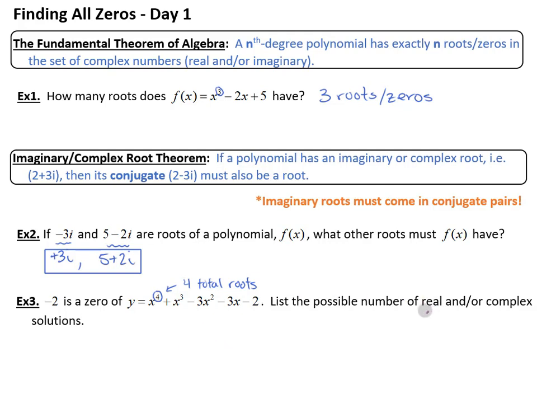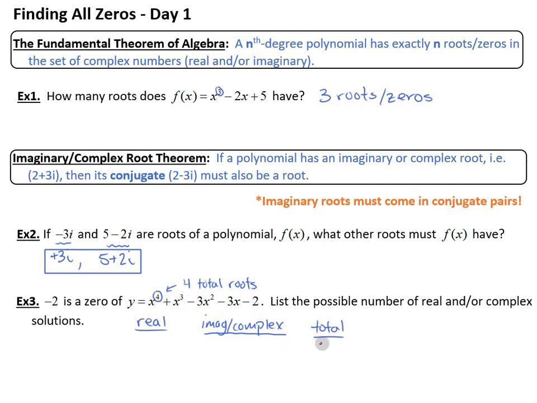Maybe some are real and some are complex, so let's figure out. Maybe we can set up some columns here, real and imaginary/complex. We need to have a total of 4 though. There has to be 4 total according to our fundamental theorem.